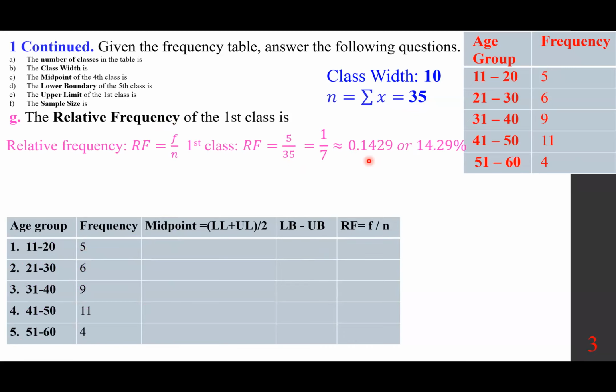If you were to write it as a decimal, like so. If you were to write it as a percentage, like so. So you have to pay attention to the way they want it. This is the exact answer. They may ask you for the percentage, percent relative frequency, or decimal. They're all the same, different formats: fraction, decimal, percentage.